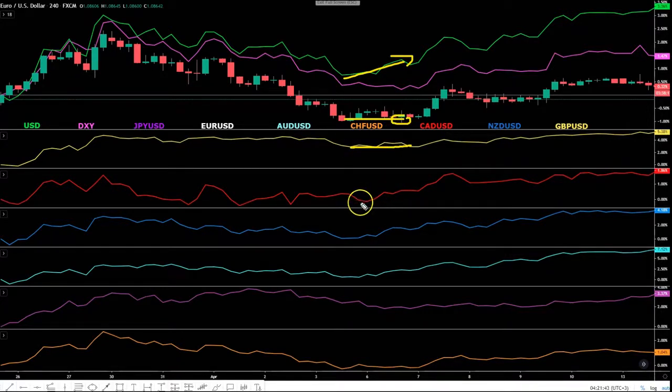But notice here that we had Canadian US dollar going higher. We had Aussie US dollar also moving higher. New Zealand US dollar also moving higher. We had a flattish JPY and also a flattish CHF index.